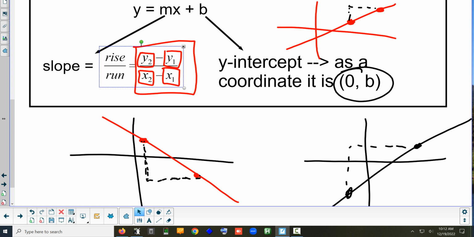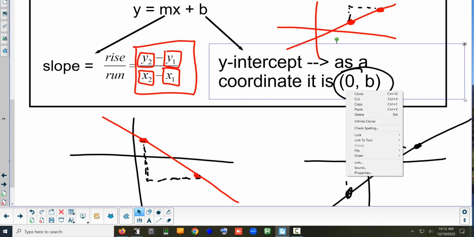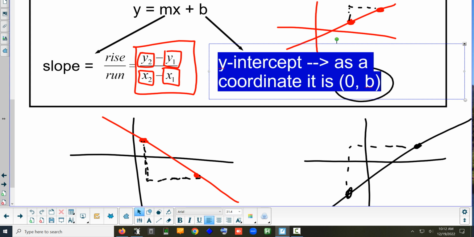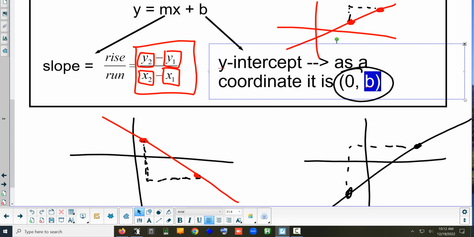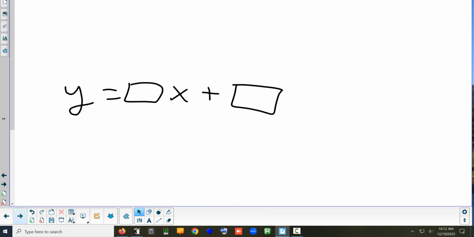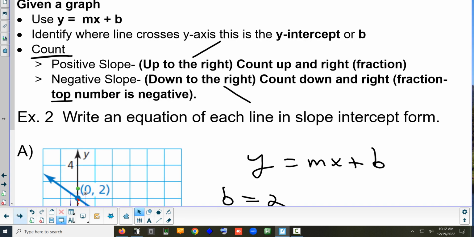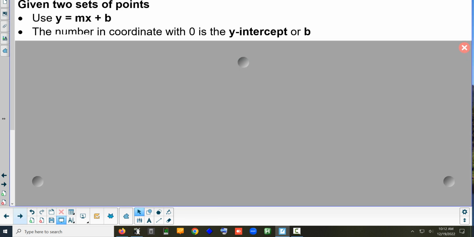So if they give you a coordinate and the first number is 0, the second number in the coordinate is the b. That's the first thing we have to remember for this. So the number in the coordinate with the 0, and this part is bold. You guys want to write down on the first blank, y-intercept. And on the second blank, after the word or, you're going to put b.